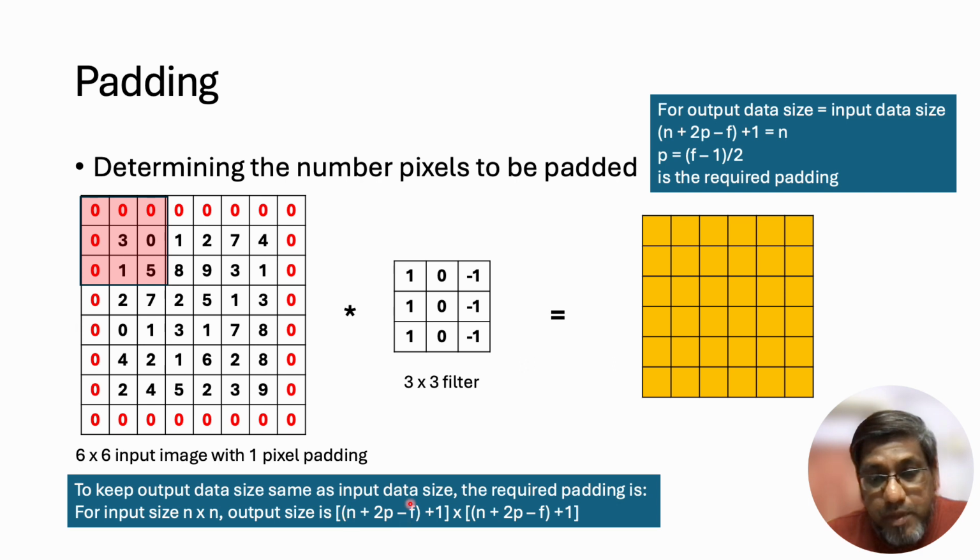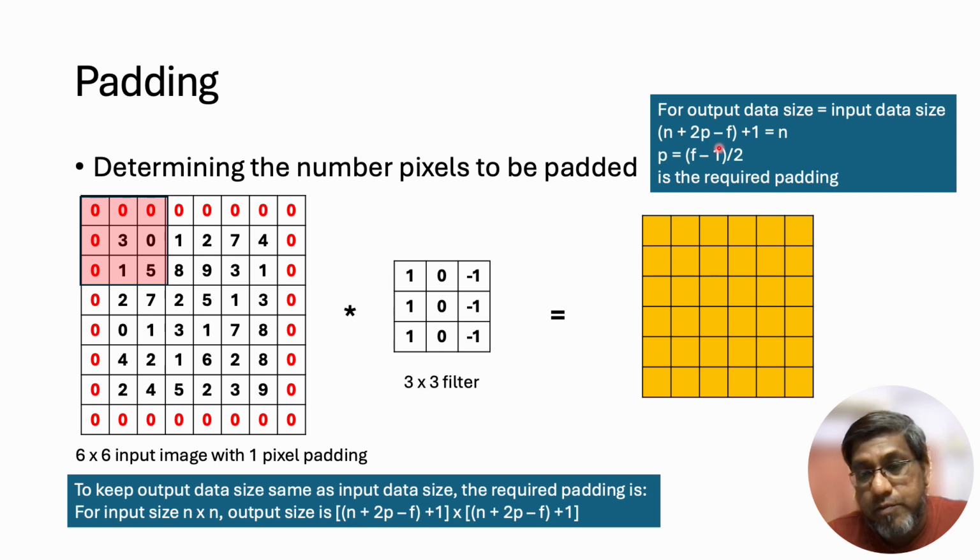So we know that the output dimensions are given by this particular expression at the bottom here, and we want that output dimension to be the same as the input dimension of the image, which is n. So equating these two and simplifying, we get the number of padding pixels that are required as f minus 1 upon 2. So f is the size of the filter, which in this particular case is 3.